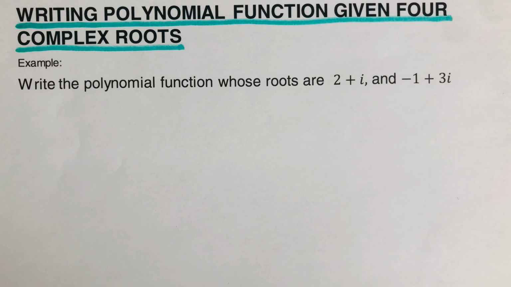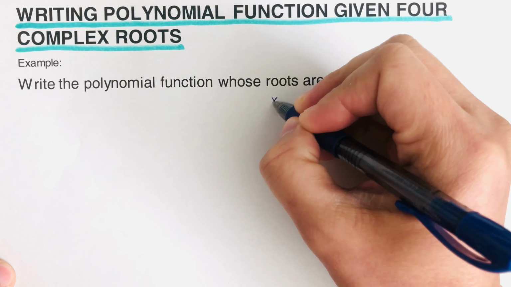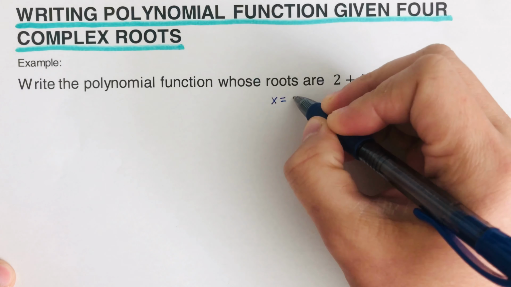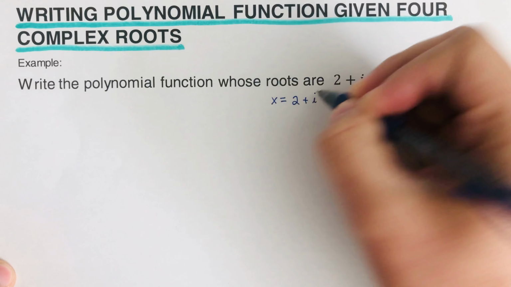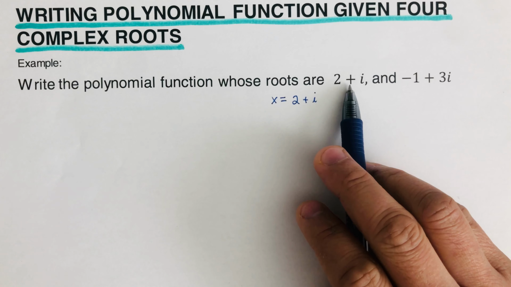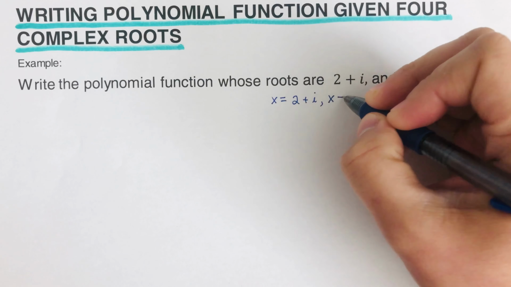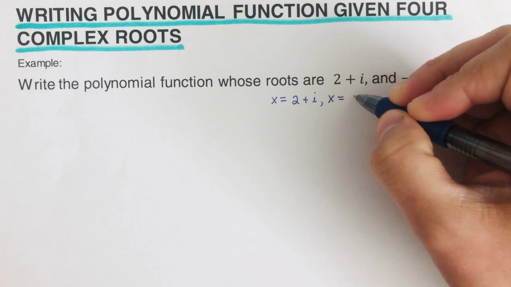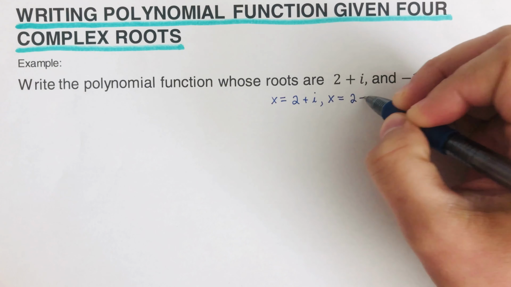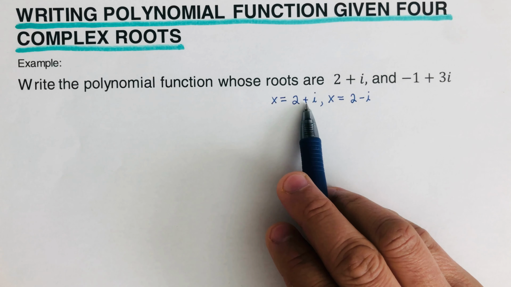So in this case, the first root is x is equal to 2 plus i. And again, please remember that its conjugate is also a root. So the second root would be x is equal to 2 minus i. Again, to get the conjugate, you just have to switch the sign of the bi part.